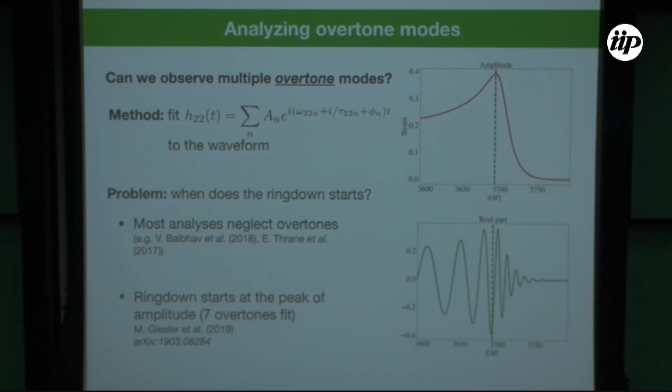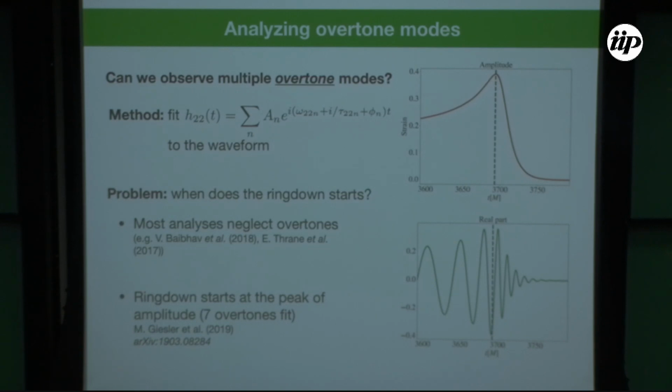We know that the first part of the ringdown depends on the initial perturbation, and we don't know when this linear part of the perturbation starts in the simulation. A lot of people ask themselves when the ringdown starts, but most of them neglect the overtones. So basically, they ask when the fundamental mode starts.